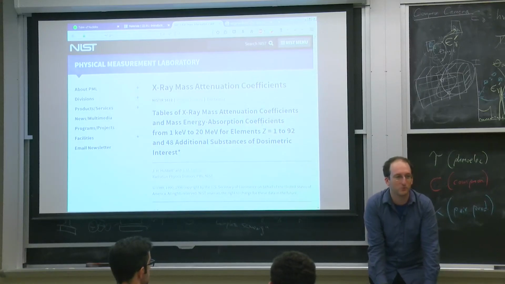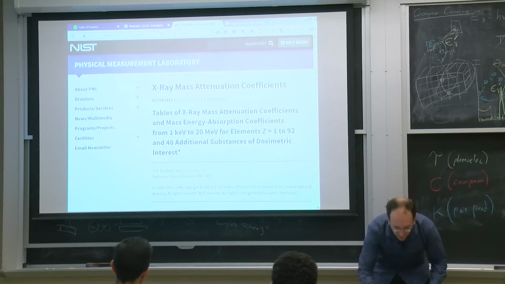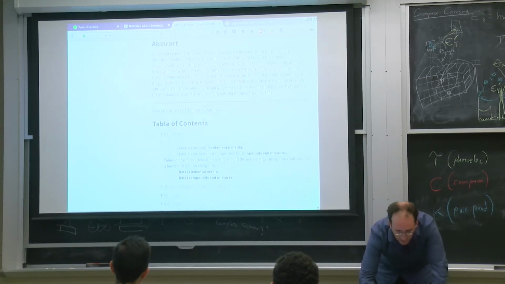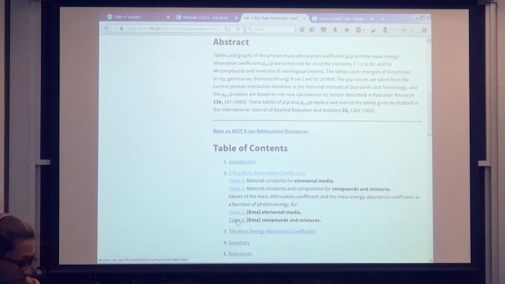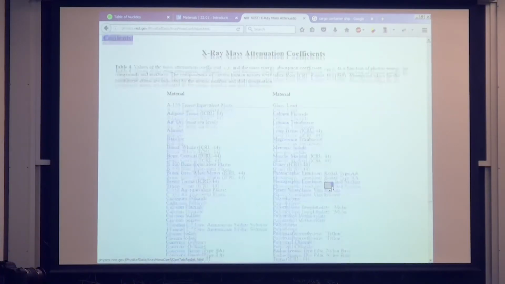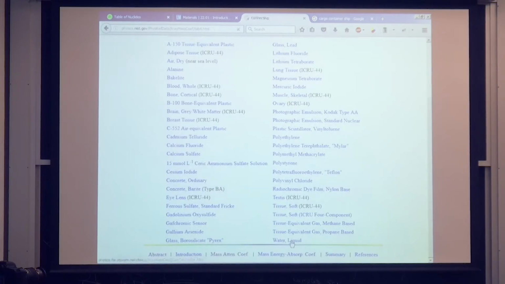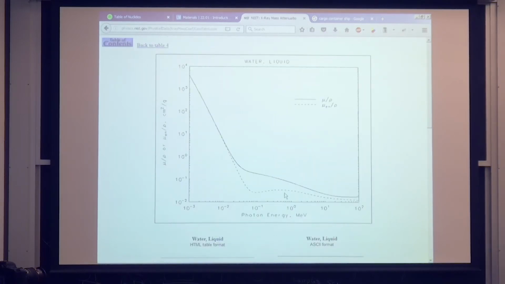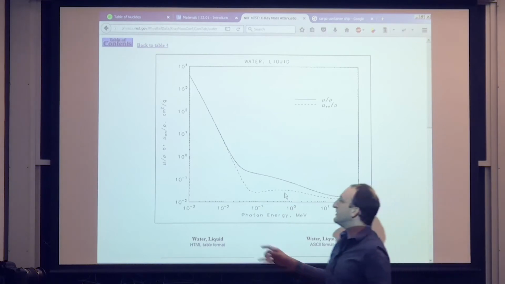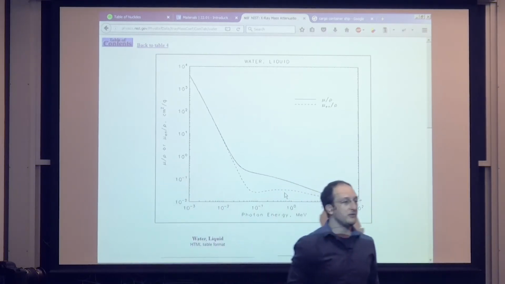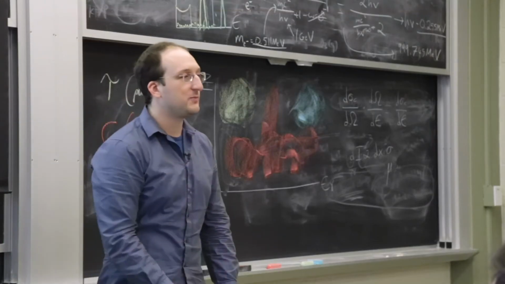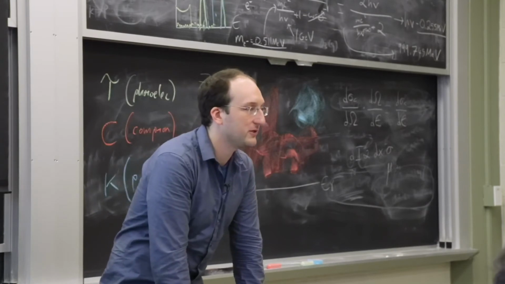This is like one of those places you're going to go constantly looking for nuclear data. So you can either look at elemental media or compounds and mixtures, water being one of them. And so let's go down to water, comma, liquid. If you notice, what's actually given here is this mu over rho, the density-specific mass attenuation coefficient.